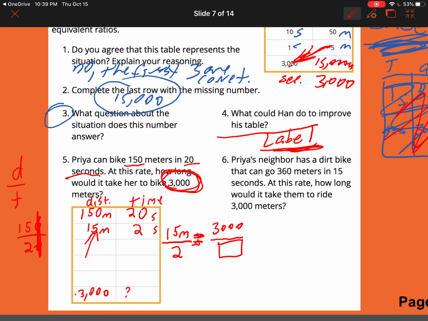And here you're going to cross multiply. So 3,000 times 2 is 6,000. And then we're going to divide 6,000 by 15. So this is where we're cross multiplying. So go ahead and hit pause and work that out.